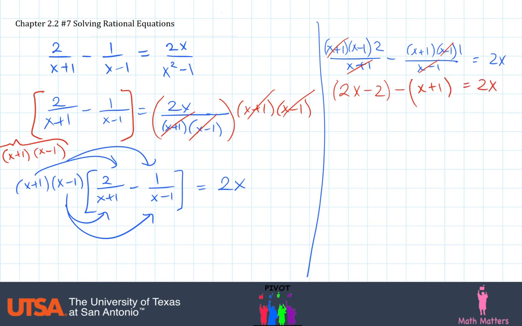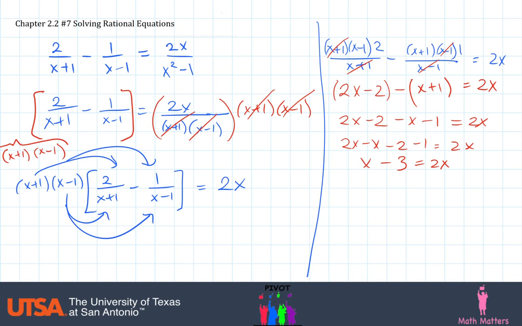Now distribute the negative sign to the x plus 1, so that'll become 2x minus 2 minus x minus 1 is equal to 2x. Now combine like terms on both sides, so we get 2x minus x minus 2 minus 1, so that'll give us x minus 3 is equal to 2x.